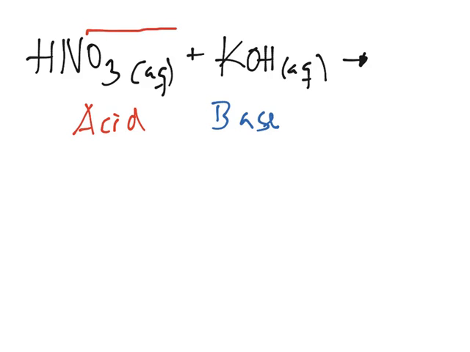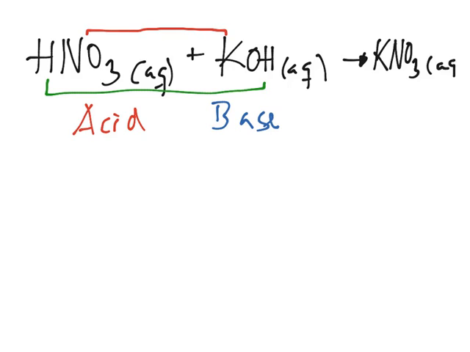This will react with this, and let's use green. This will react with this. So our salt would be KNO3, which, because there is potassium, it's aqueous. Remember, potassium is one of the group 1 elements, so they'll always be soluble in water.